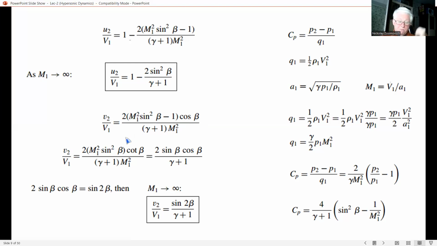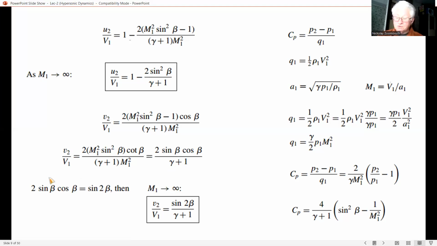For large M1, this expression can be approximated by this one, and v2 over V1 gives the last expression here: 2 sine beta times cosine beta over gamma plus 1.